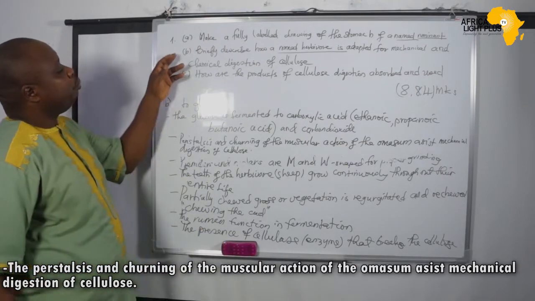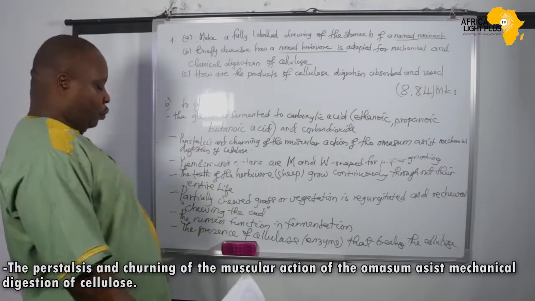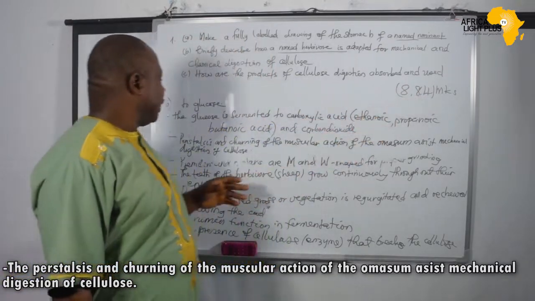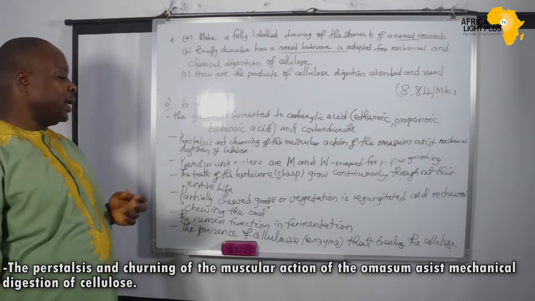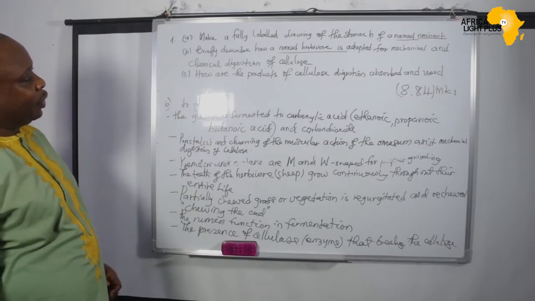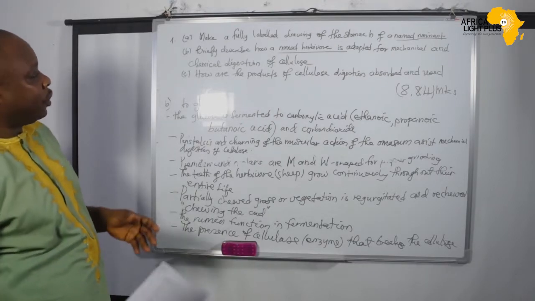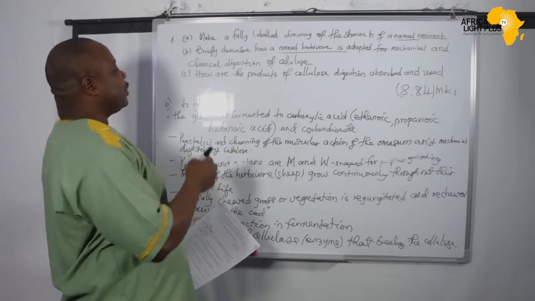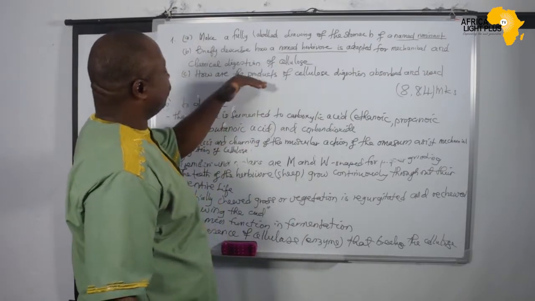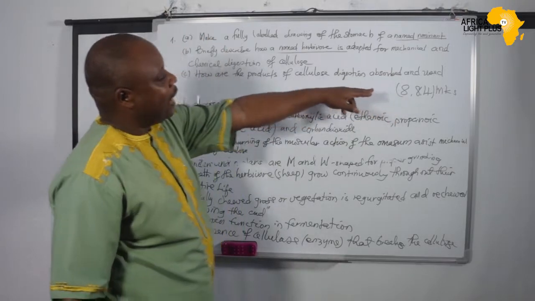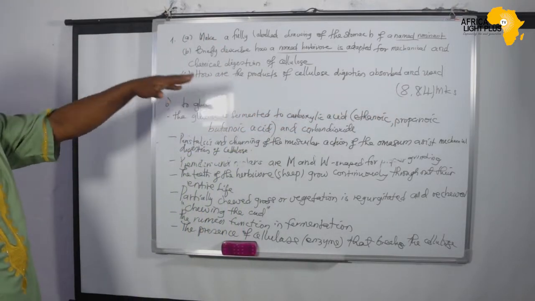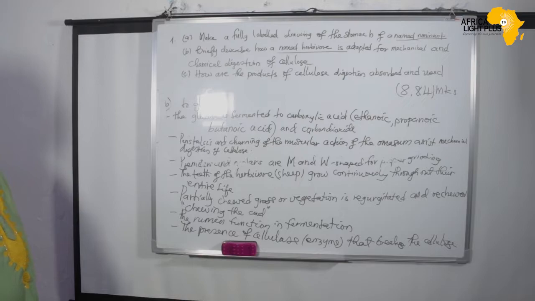So from B, which says we have 8 marks, out of that 8 we've listed more than 8 points. It is worth noting that as you answer each question, check the mark allocation. The mark allocation will tell you how much to write, or how many points to give.